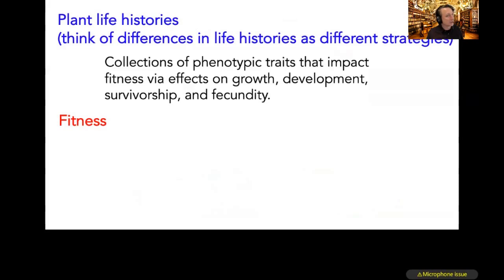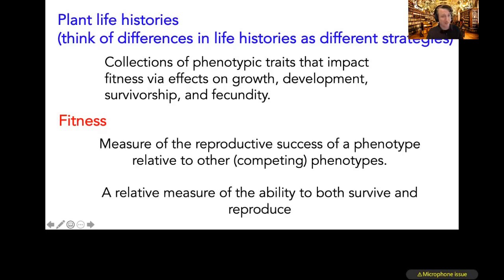So plant life histories are a collection of phenotypic traits that impact the fitness then of individuals via their effects on growth, development, survivorship, and fecundity. Fecundity, remember, is reproduction. All right, so plant life histories are this collection of traits that impact fitness. All right, so what is fitness?